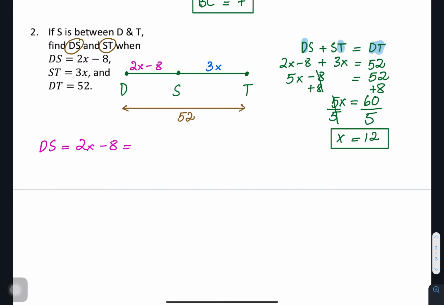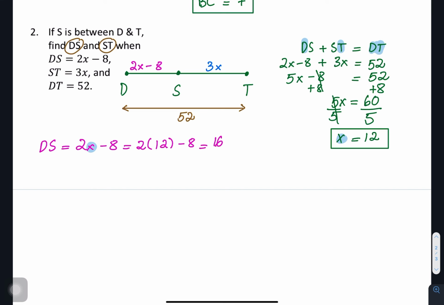All I have to do is plug in x equals 12. So 2 times 12 minus 8. 2 times 12 is 24. 24 minus 8 is 16.